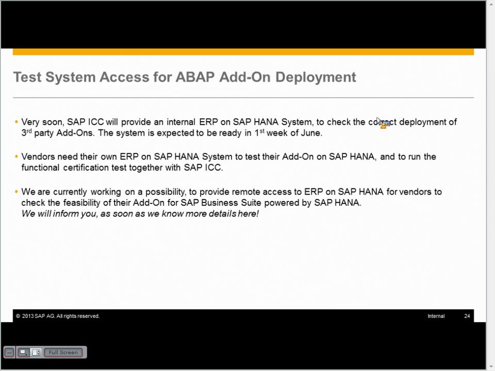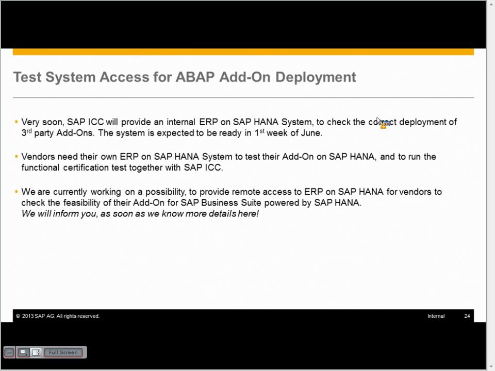However, vendors still need their own ERP on HANA system to test their add-on, to apply perhaps necessary changes, and also to run the functional certification test together with ICC, because often special customizing or special data is needed.